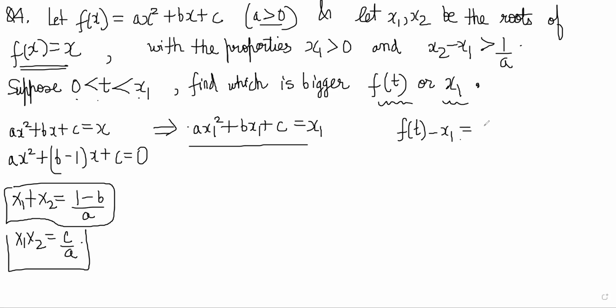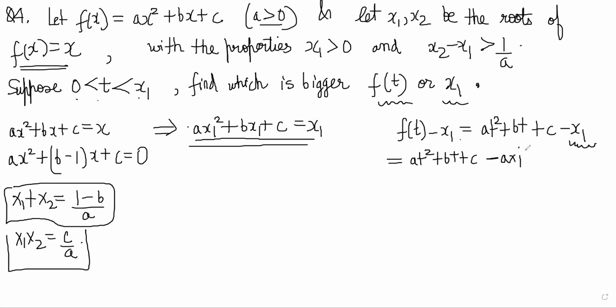So let's evaluate that. That becomes a t square plus bt plus c minus x1. And because a x1 square plus b x1 plus c is equal to x1, we can replace this x1 with this expression, right? So we can write a t square plus bt plus c minus a x1 square minus b x1 minus c, which becomes basically a t square minus x1 square plus b t minus x1.